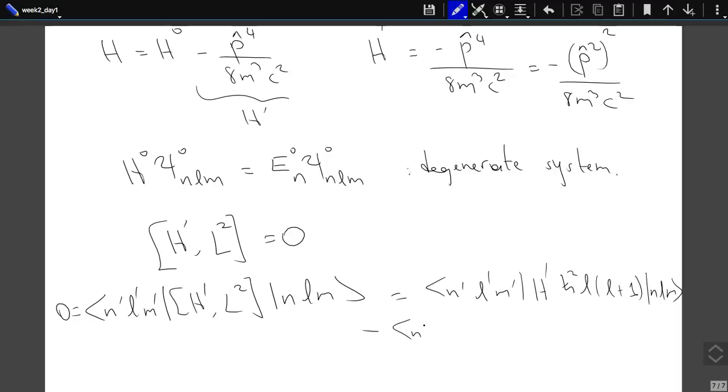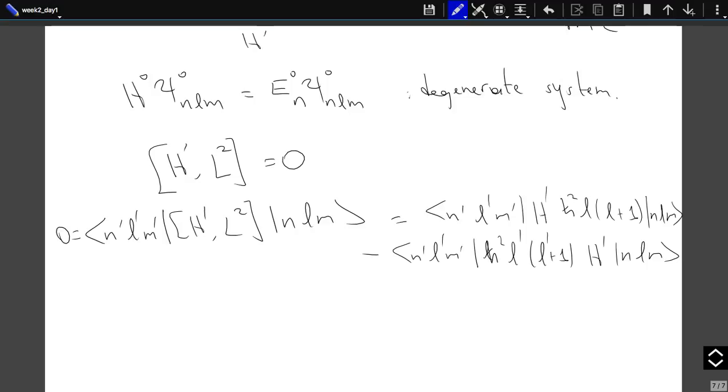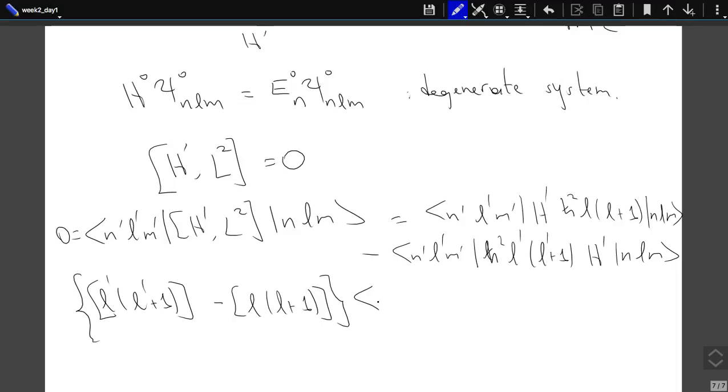And that would give me h bar squared l prime times l prime plus 1 times H prime. Or I can just cancel the h bars on both sides, and I have l prime times l prime plus 1 minus l times l plus 1 times the matrix element of H prime. This should be equal to 0.